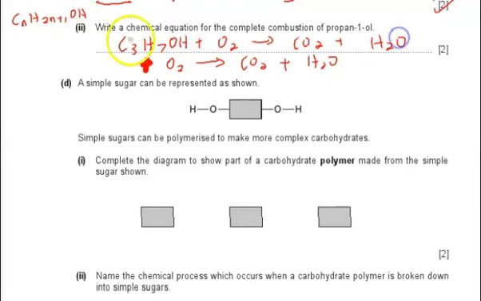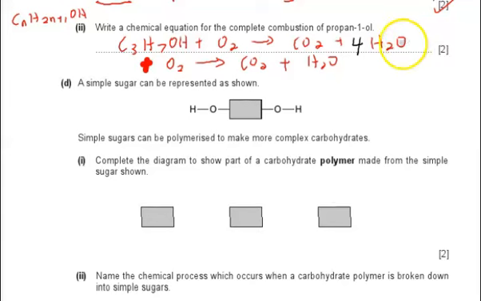Now we have to balance this equation. So let me check this. Hydrogen is 8 here, so we put, let's say, 4 here.